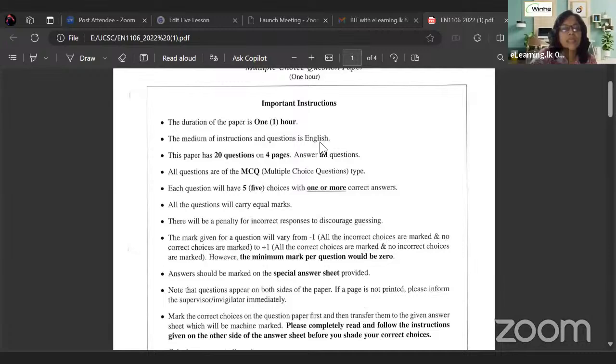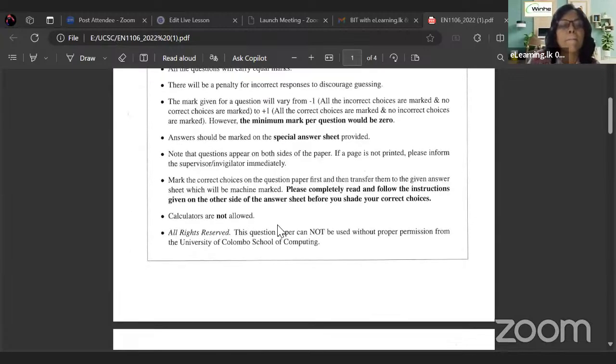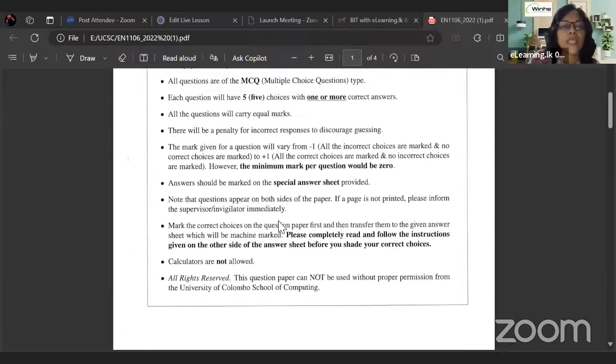Here you can see in 2022, I have given only 20 questions, right? As usual, there are 5 choices. You have to select one or more answers. So if you select correct and wrong answers, you may receive minus marks or 0, right?